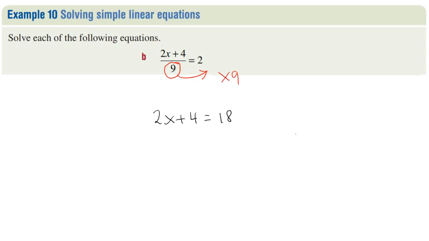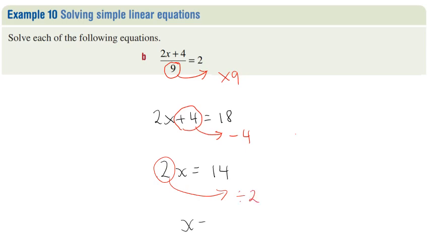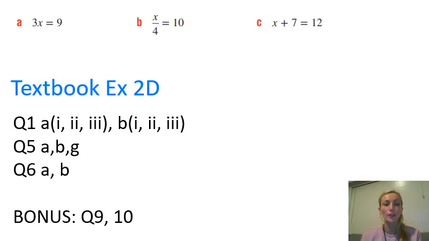Then I'm going to move this plus 4 next, so it becomes subtract 4. 2x equals 14. And my last step, I divide by 2. So x equals 7.